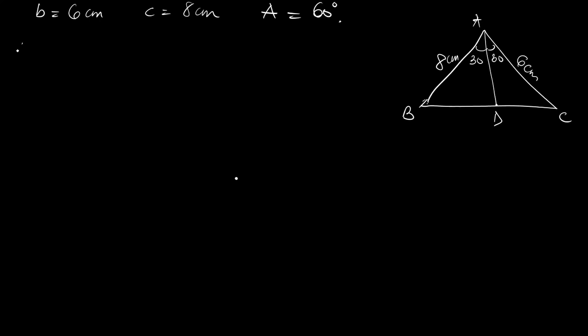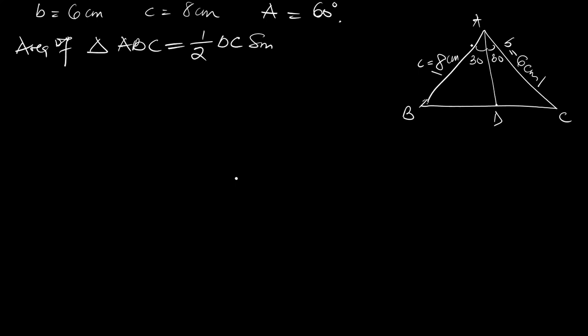So the area of triangle ABC will be equal to, we're going to use the formula for area, half the product of these two sides, which is C and B. So the product of B times C times the sine of the included angle, the angle between those two sides, which is A. So this is the formula.